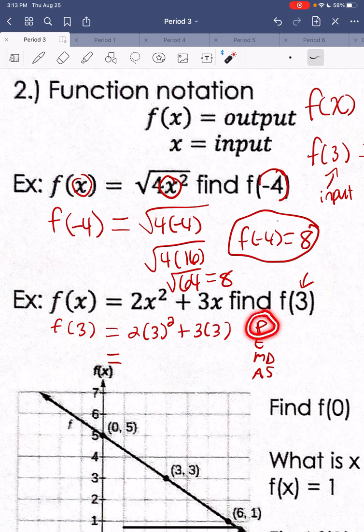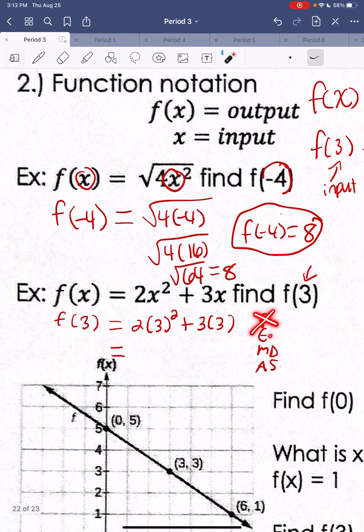When I check for parentheses, I'm checking the numbers inside to see if there's anything I'm supposed to do. In this case, there is not, so we're going to move to exponents. What I've got going on here is 3 squared, which means 3 times 3, which is 9.